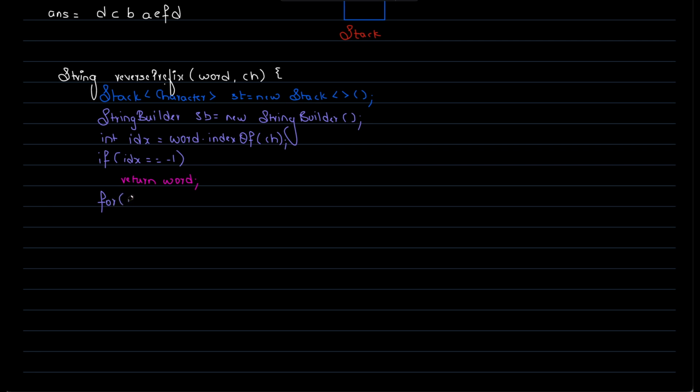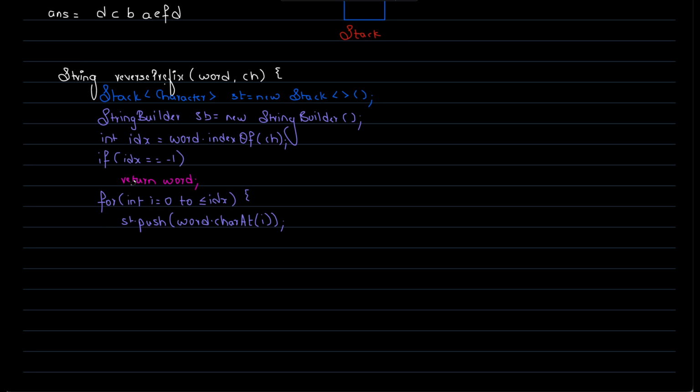So i equals 0, and it will go till less than or equal to idx. Now stack dot push word dot charAt i. This function will extract each character one by one and push it into the stack.